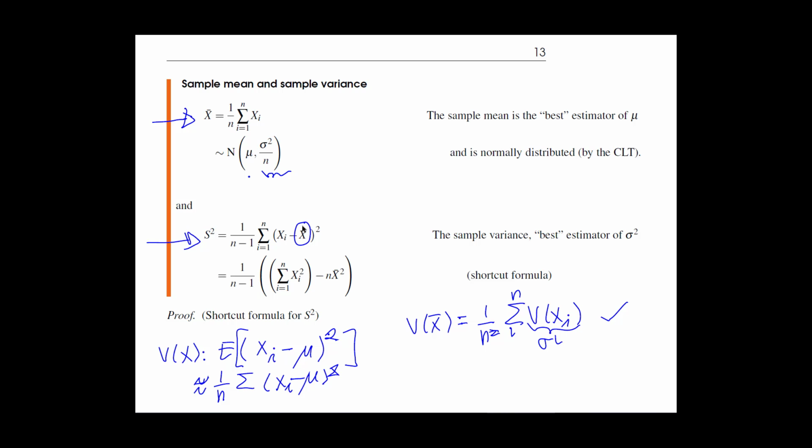So that's where this formula comes from. It's similar to this equation right here, but with these two differences. One is that we don't know mu, so we replace it by x bar. And the other one is we divide by n minus 1. That's going to become clear in a minute.